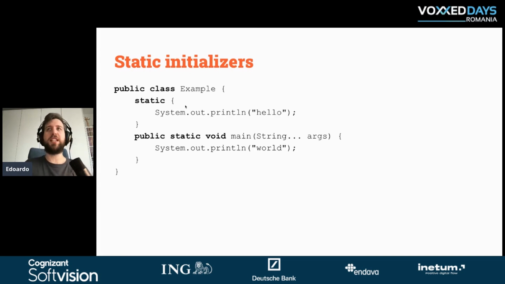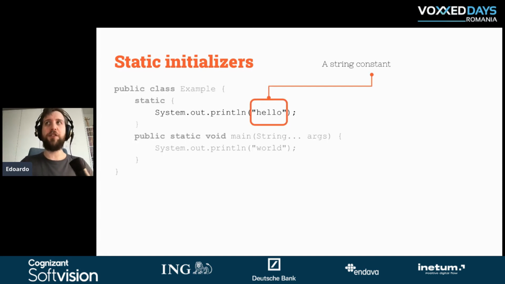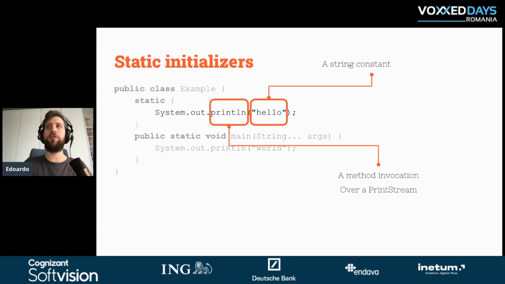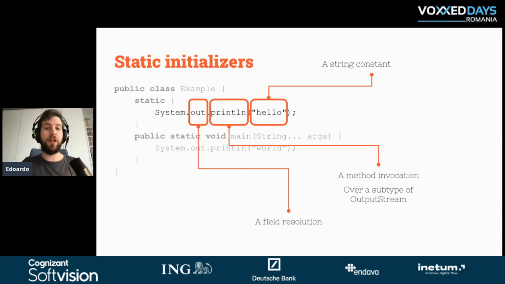So this is our static block here. And it may look very little. It may look harmless, it's just doing a print. But if you go through it, you will see there's a string load. Then there's a method invocation over a print stream, so you have to resolve that. There's out, which is a field, so that's an object. That's System, a class that contains that object.